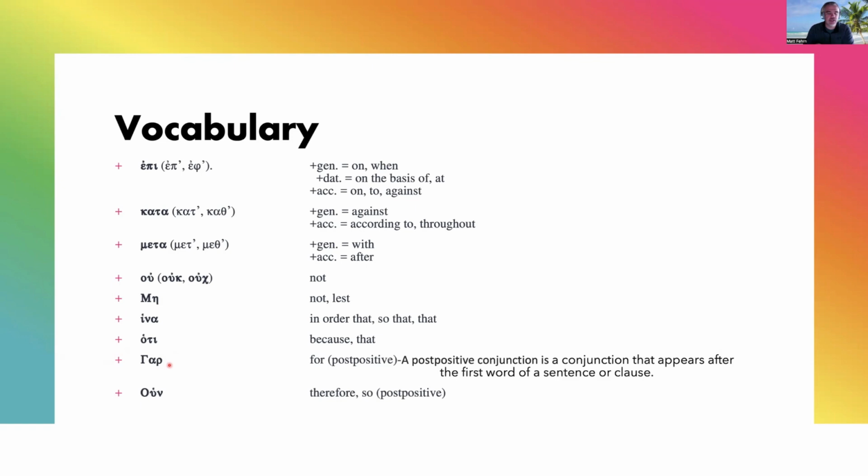Even though we translate it in English as the first word, it's generally not there in the Greek. So again, we've got epi, kata, meta, ou, me, hina, hoti, gar, and oun for our words this week.